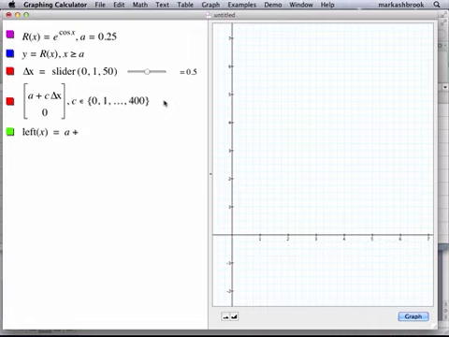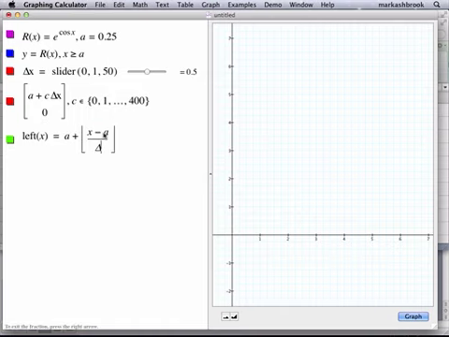To get the floor function, you just type in the word floor, and it appears. And it was x minus a over what? Divided by delta x.